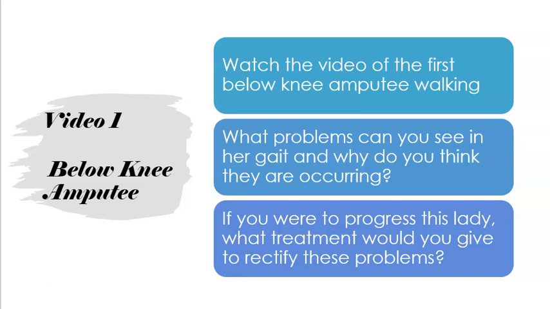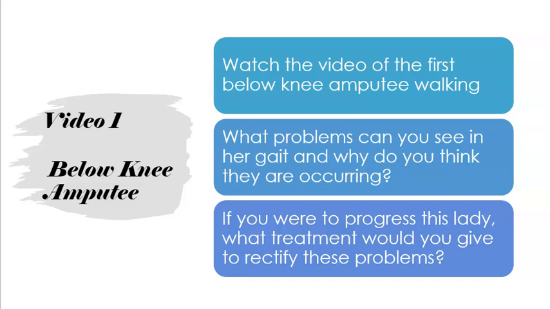And when you want to analyze gait analysis, you're thinking lots of different things. I want you to think about head position, shoulder position, pelvic position, and then position of the foot, as well as any walking aids that they're using. So just pause the video now, watch it very quickly, and then come back to the screencast. So pause the video now.